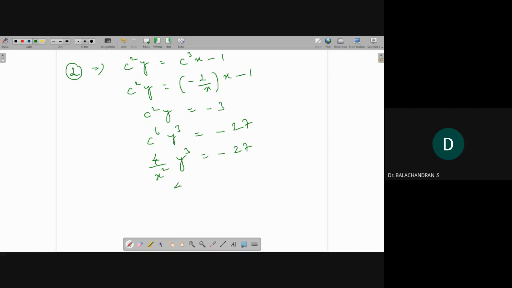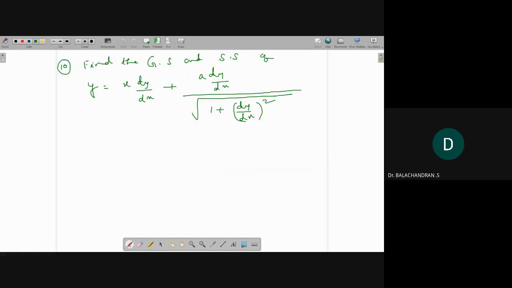So 4y cube equal to minus 27x square, or 4y cube plus 27x square equal to 0. So which is the singular solution of the given problem. Okay, so everybody got the answer? You can tell now.